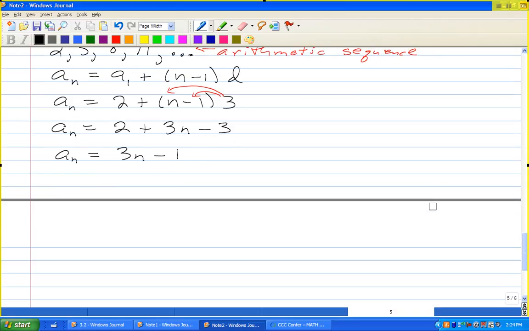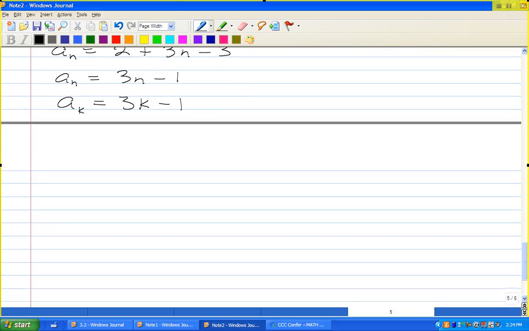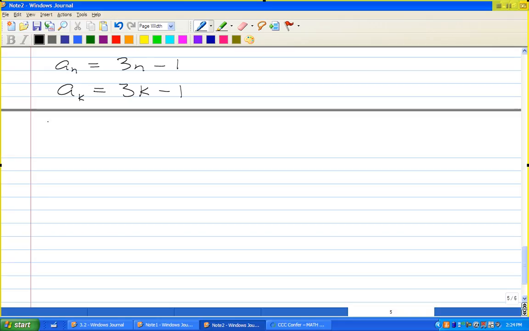I could have called this, rather than n, I could call this k. So let me write this in terms of k. I'll say that the above series is just the sum, and I'll call the index k.